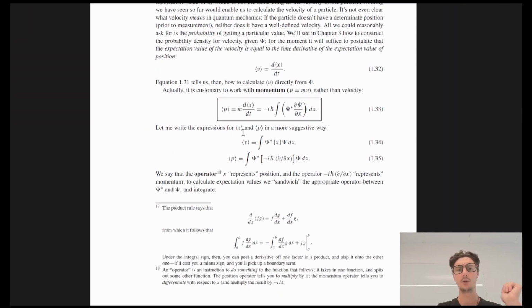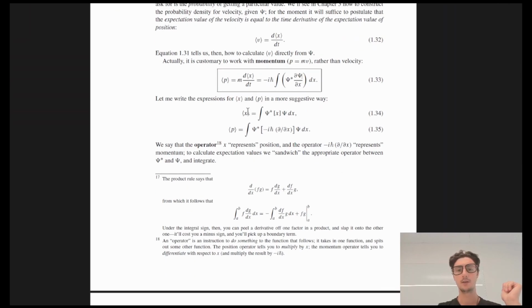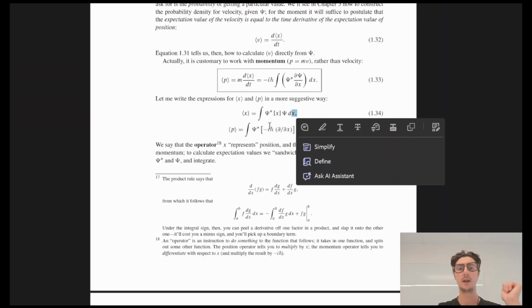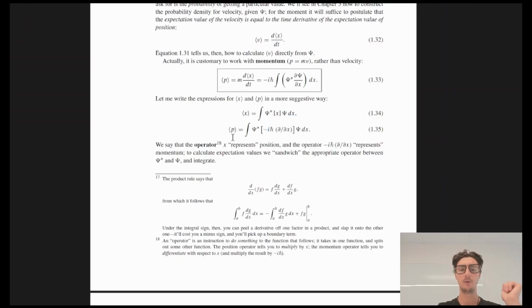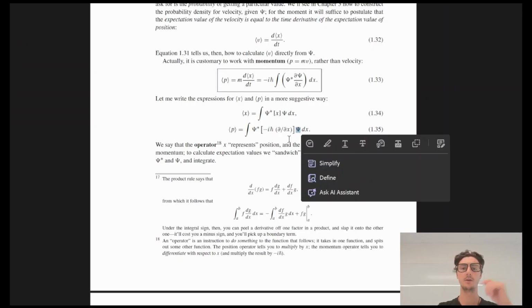Let me write the expression for expectation value of x and expectation value of p in a more suggestive way. Expectation value of x is equal to the integral of complex conjugate of psi, square brackets x, regular psi dx. Expectation value of momentum, integral complex conjugate of psi, square brackets this thing, which is negative i h bar, derivative with respect to position, times the regular psi.